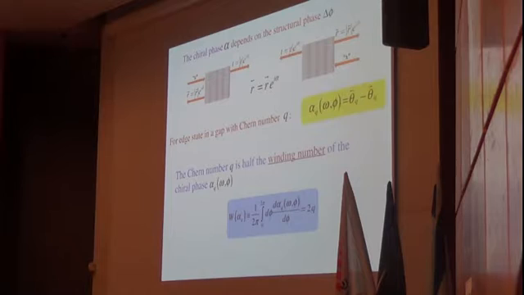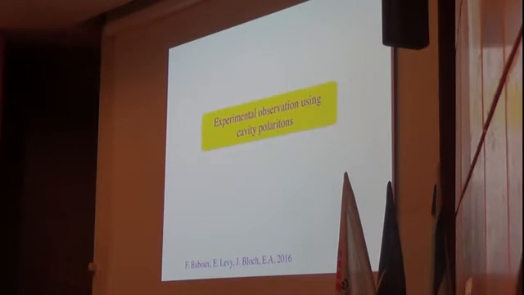Now, what you can show is that this chiral angle that I defined before, the winding number of this phase, is just the Chern number. Okay? So this is in fact up to a factor of 2, and this factor of 2 is because of palindromism. So it's another way just to define those Chern numbers. They are the winding numbers of this chiral phase. Okay, so this is the little bit of theory that I wanted to show you.